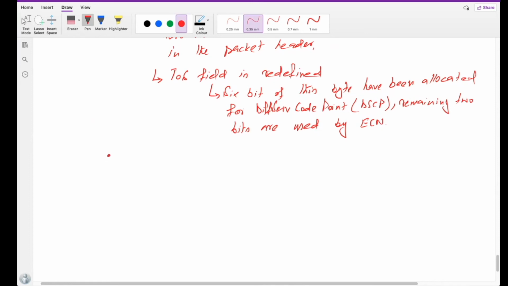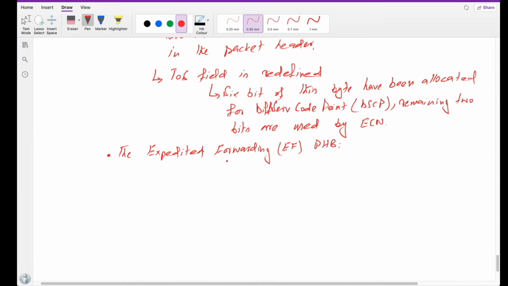Right, so let's talk about the different per hop behaviors or router behaviors. The first type of per hop behavior is called expedited forwarding, EF per hop behavior.